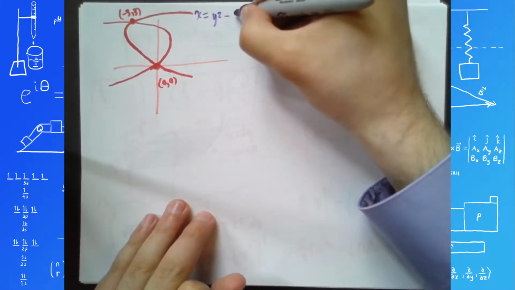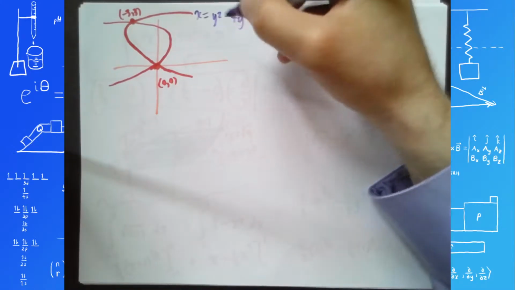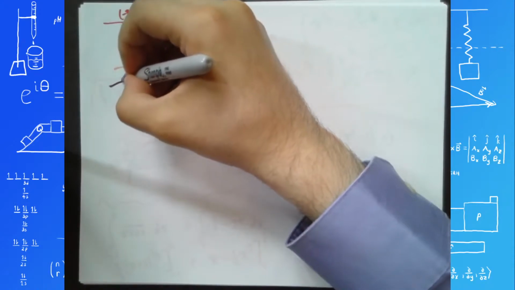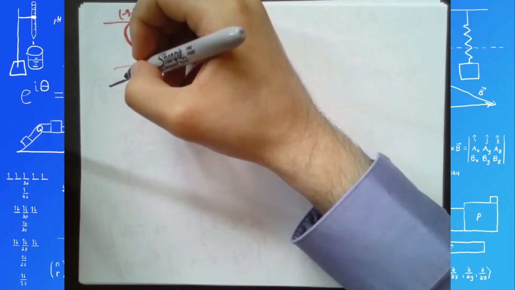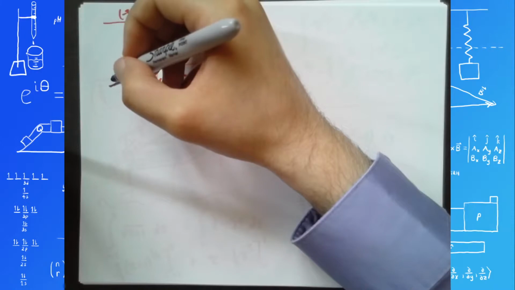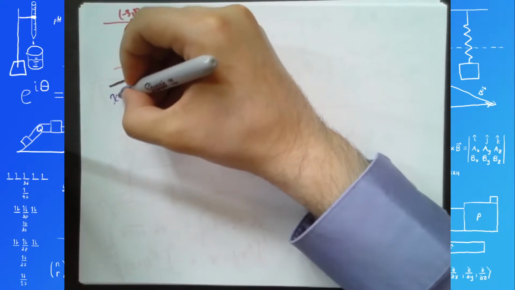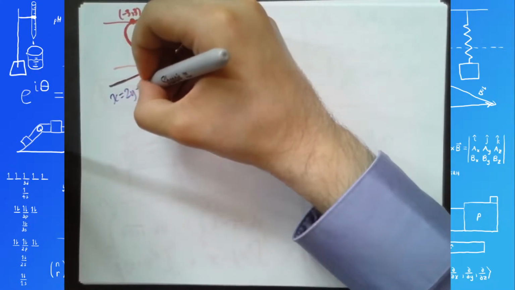While this curve is x equals 2y minus y squared.